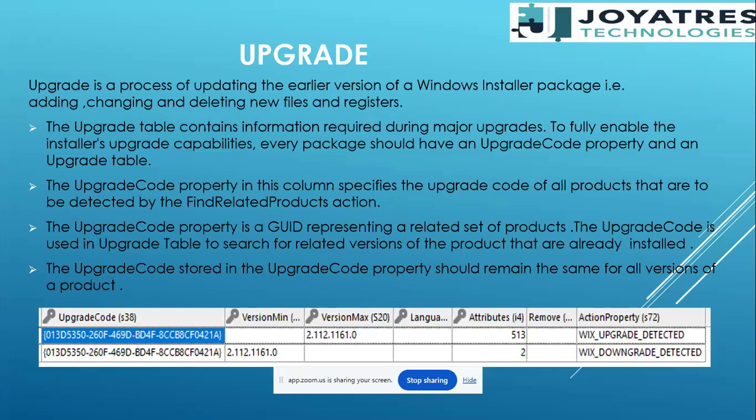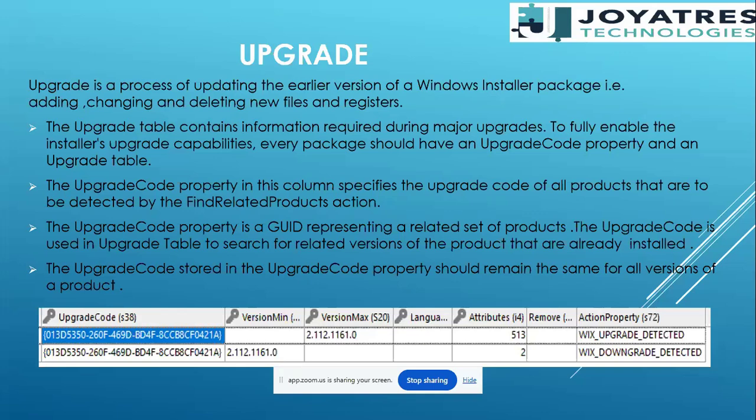Now, the language, you can keep it blank also, or you can specify the language for which you are going to package. Like we have a standard now, we give English. So if you give English, then it is going to work only for those systems in which the keyboard language is set to English.